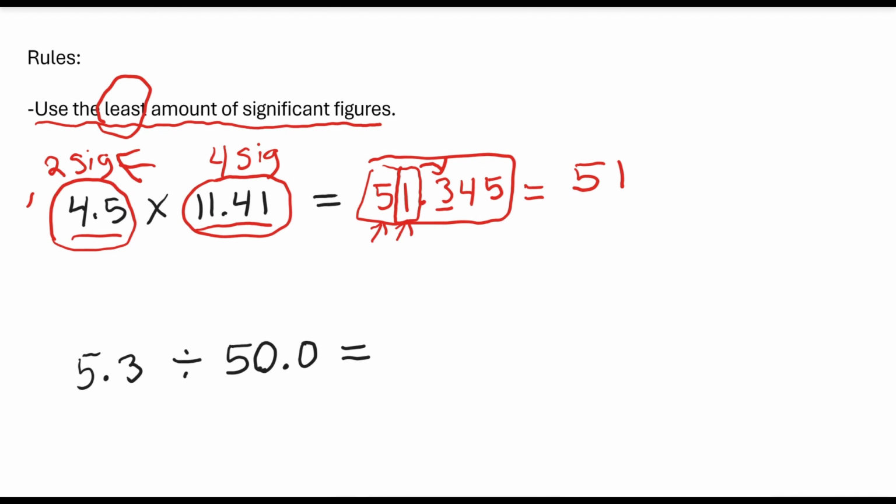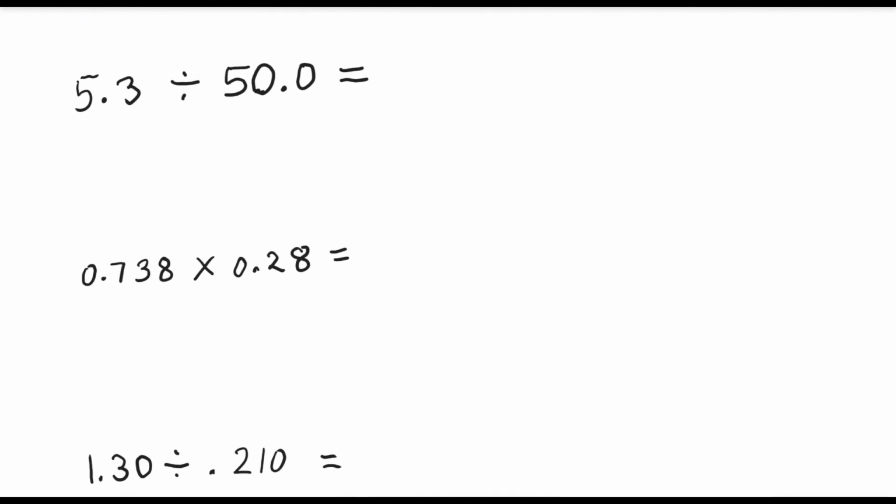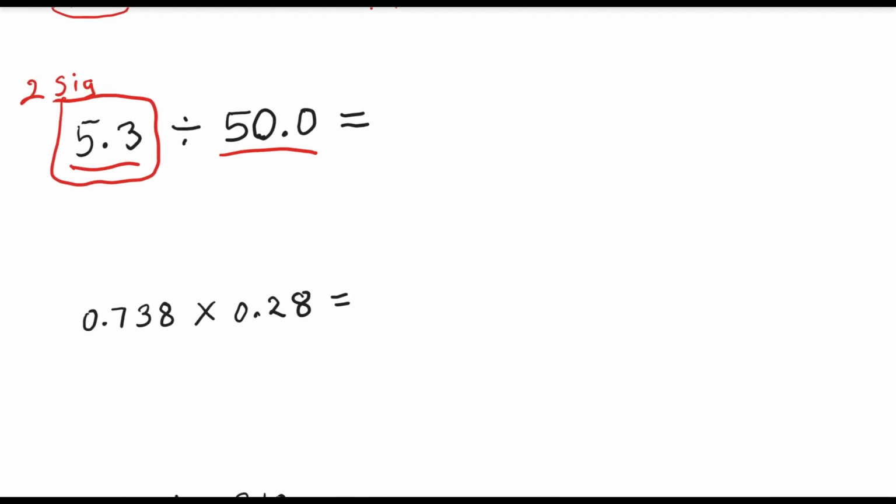Let's move on to the next problem. Here we have a division problem, 5.3 divided by 50. We know that the 5.3 has two significant figures. And here we have a 50.